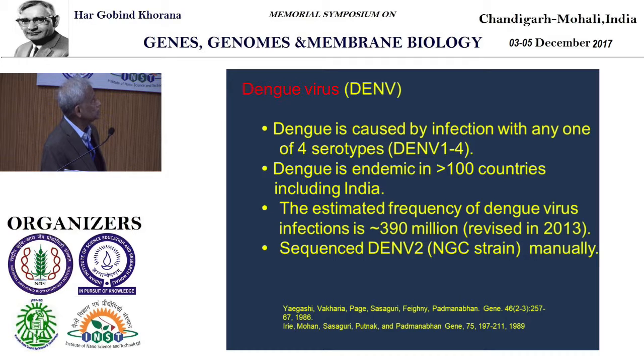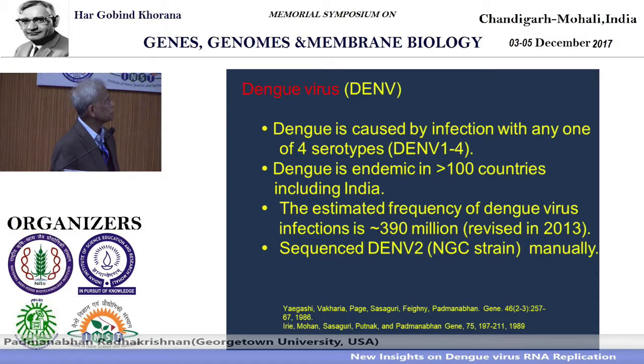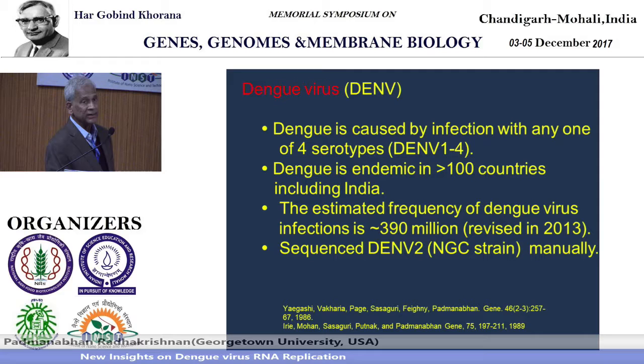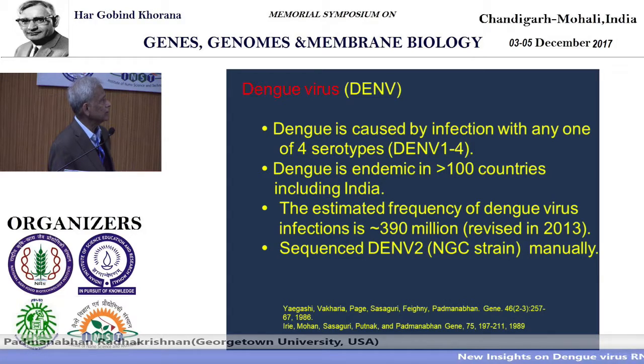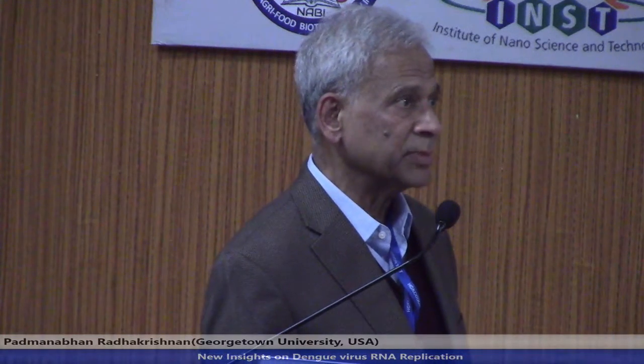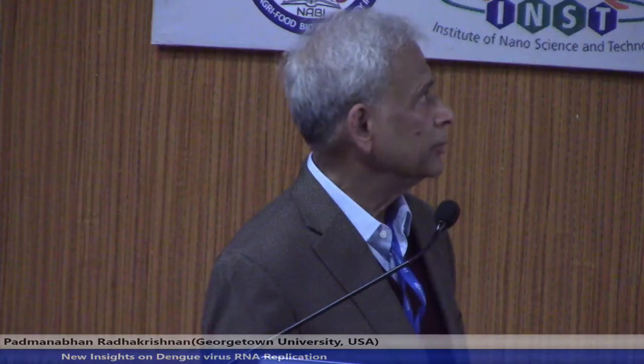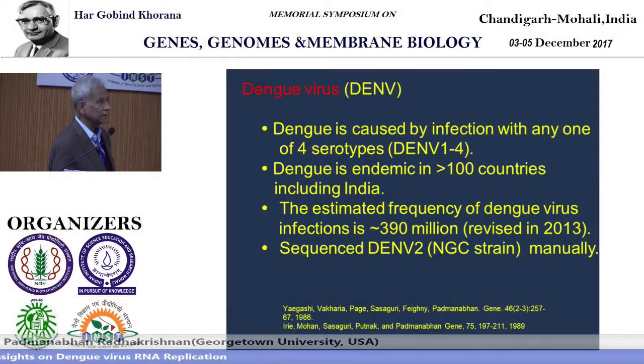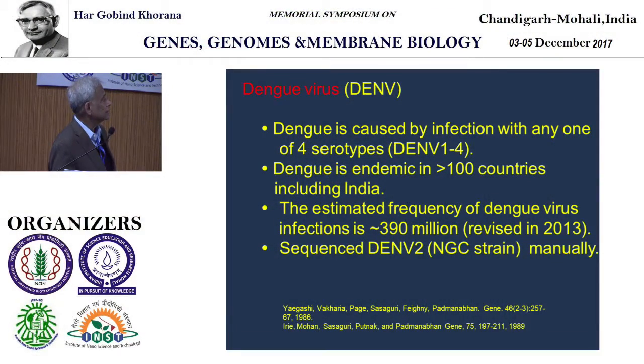The disease caused by dengue is by infection with any one of the 4 serotypes. Dengue is endemic in more than 100 countries, including India. The estimated frequency of dengue virus infections has been revised to 390 million people annually, and most of them, of course, are asymptomatic. A person infected with dengue doesn't even know that they were infected by a mosquito carrying dengue.